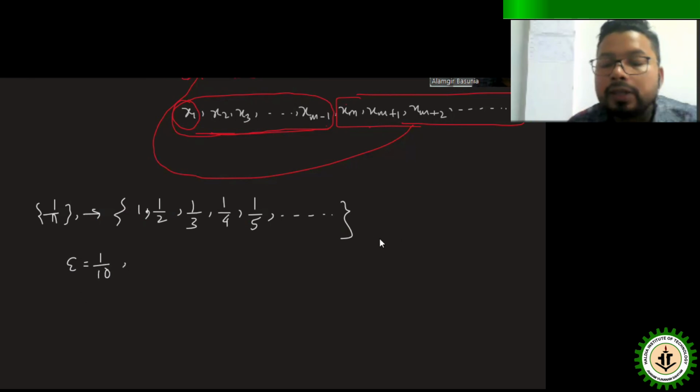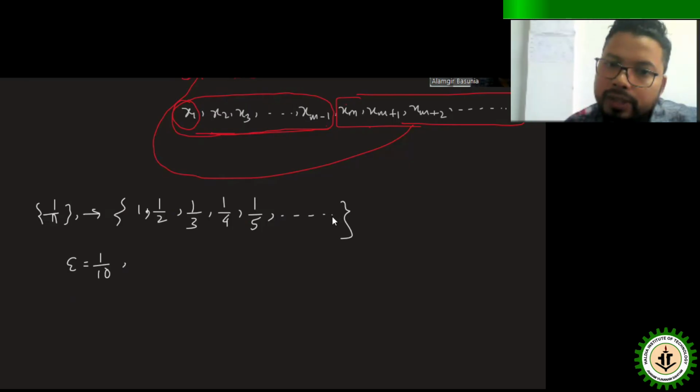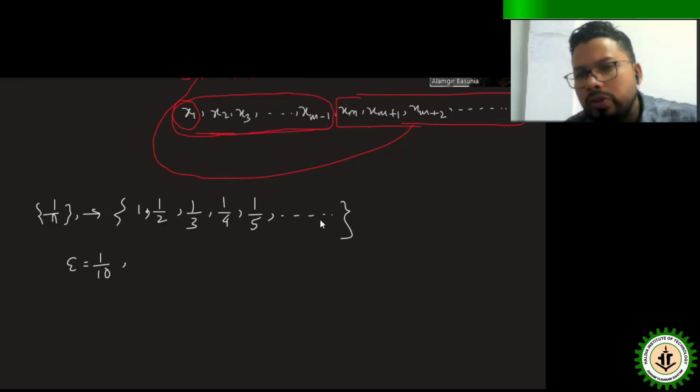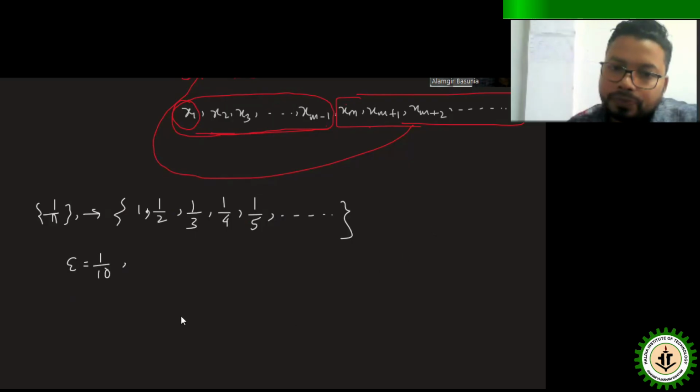Then here you can see all the numbers are going towards 0. So by a simple assumption, we can say that after some terms, all terms are going very close and closer to 0.